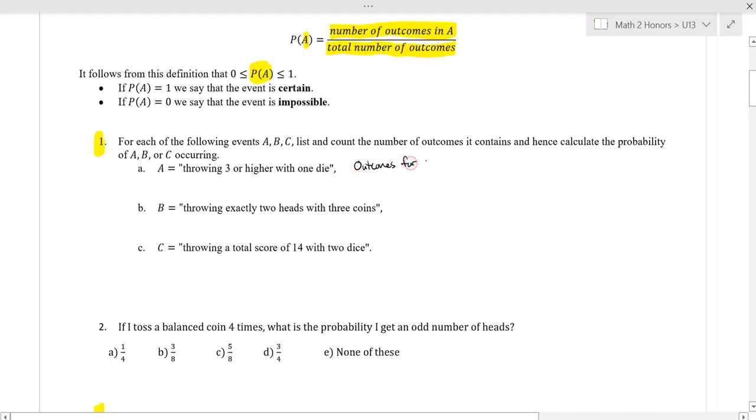For event A, 3 or higher would be a 3, a 4, a 5, or a 6. And then total outcomes, whenever you roll a die and you're not looking for any particular thing, you would have a 1 through 6.